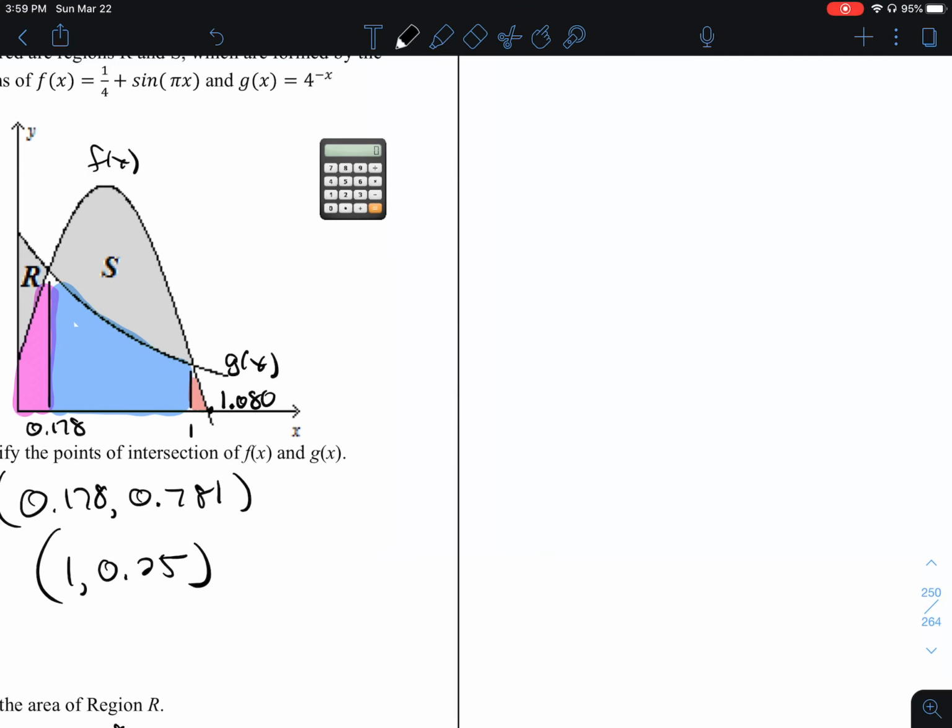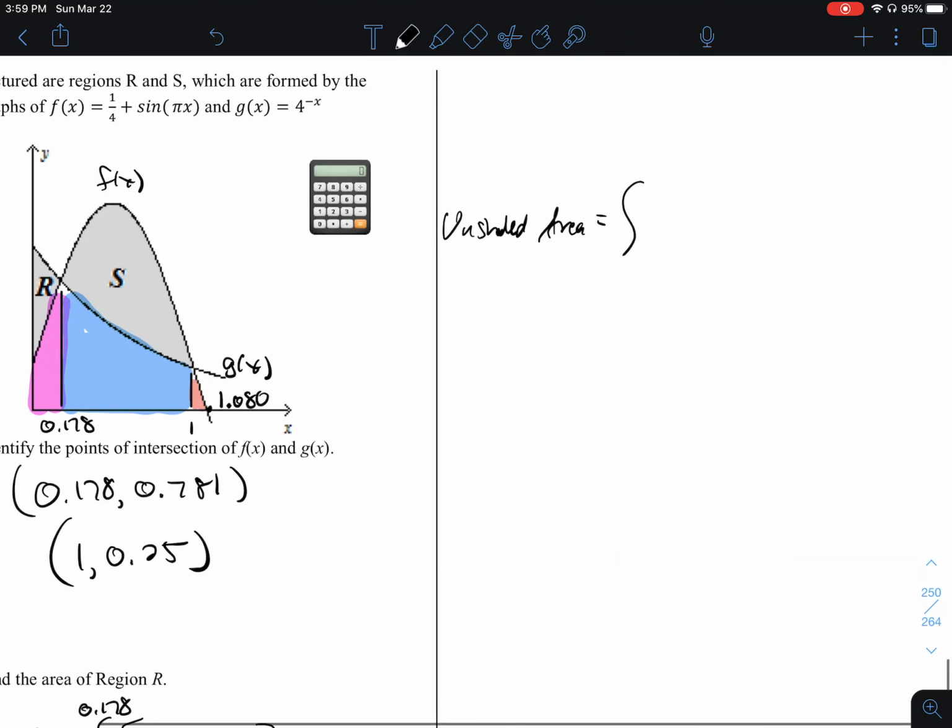So to find the unshaded area, we've got 3 of these once again. We're going to go from 0 to 0.178, and that's going to be function f.